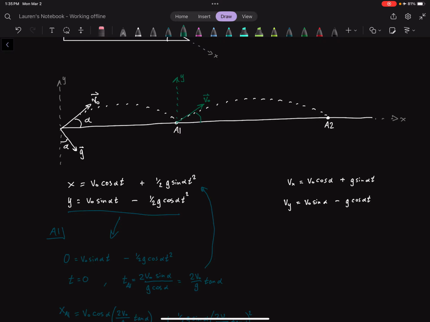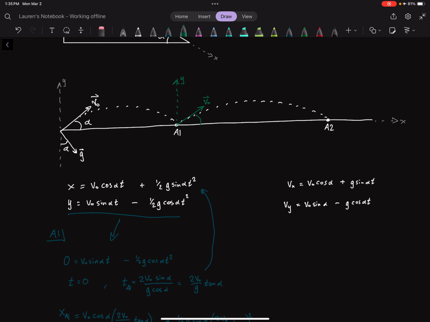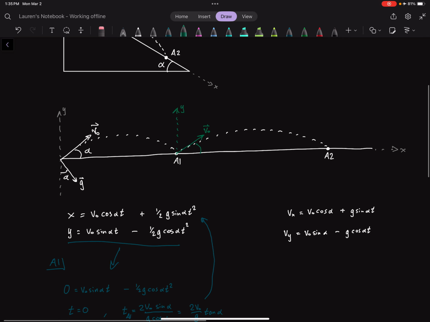The fact that it impacts elastically means that it does not lose any of its y component of velocity as it bounces. So you can think of it as merely reflecting.